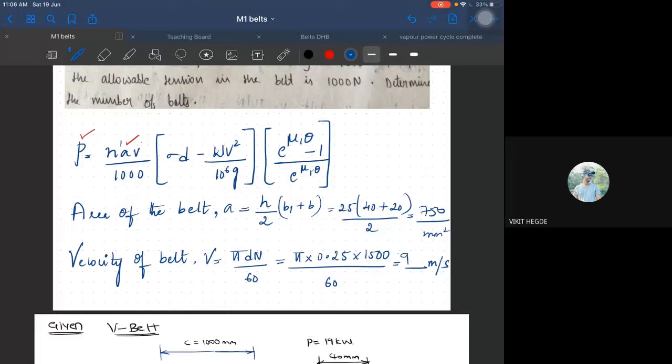19.63. Now, since the velocity is calculated, I'll tick mark those things. Sigma d, I know the value, so I'll tick mark it. Omega, I know it is g anyhow. So what is stopping you now?